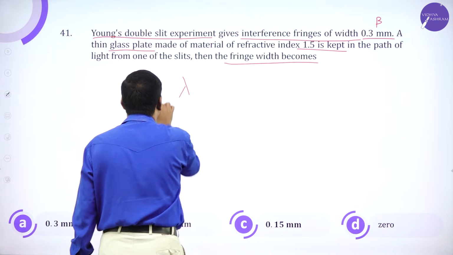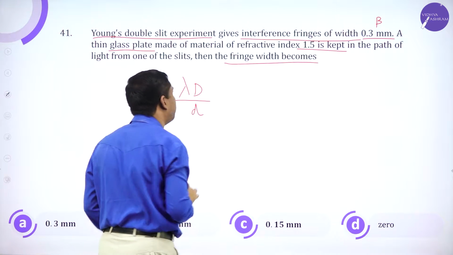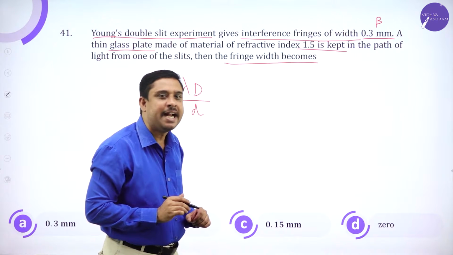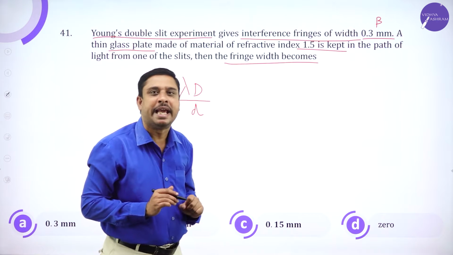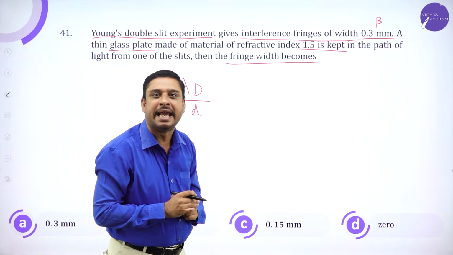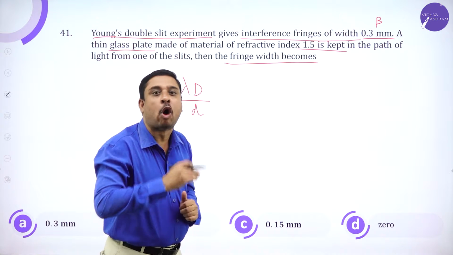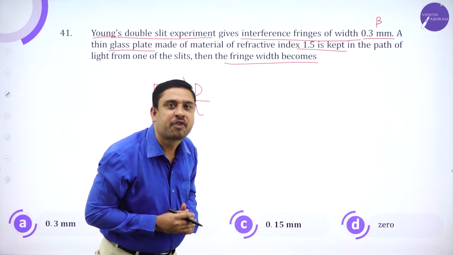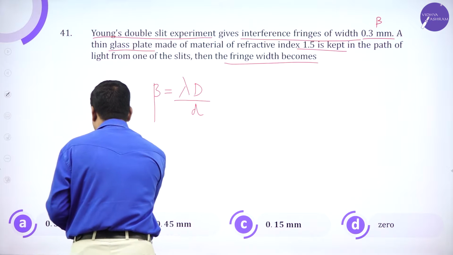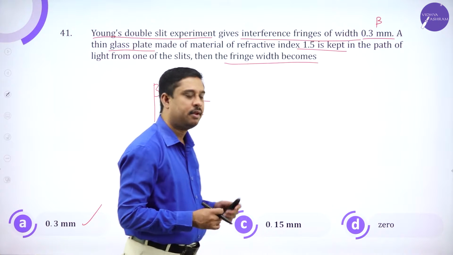We know fringe width beta is lambda D by d. It depends upon the wavelength of light, the distance between the source and the screen, and the distance between the slits. It has nothing to do with an obstacle in the path of light. So fringe width remains the same, which is 0.3 millimeters.